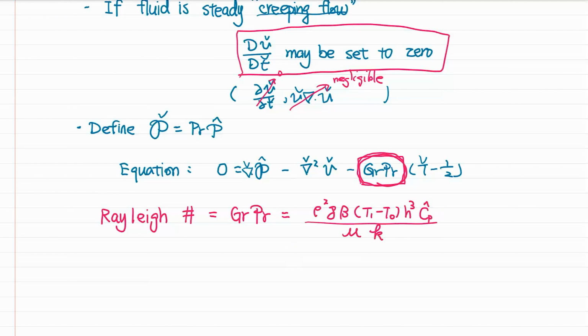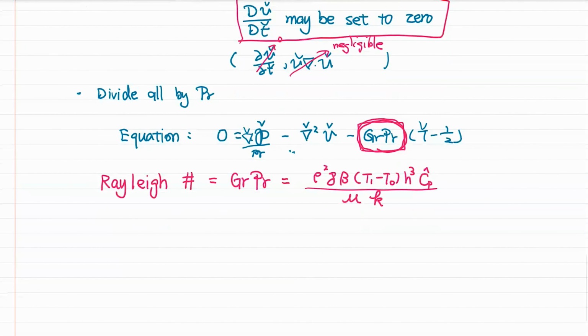So finally, let me just correct this, and maybe this is not even needed. We'll just divide all by the Prandtl number. Makes it easier to understand. Okay, so now our equation becomes the following.